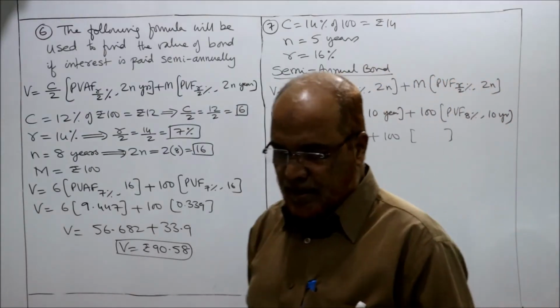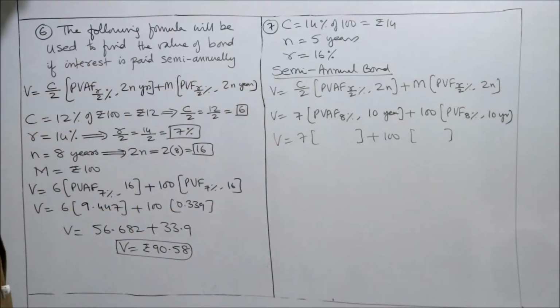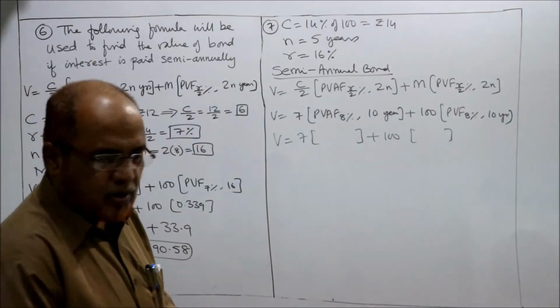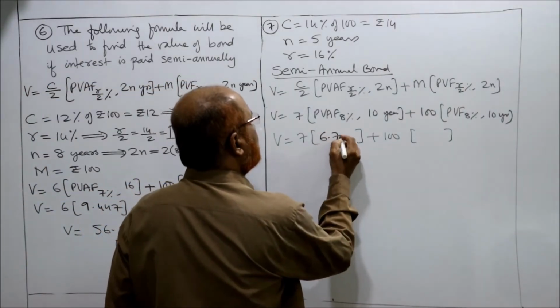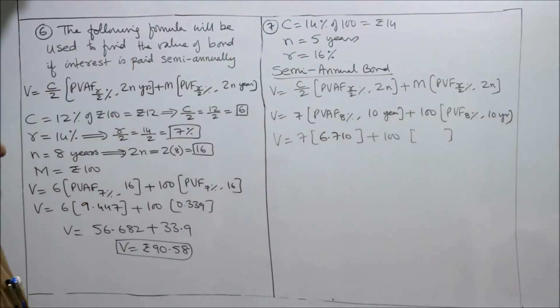Now, refer the table and find out the values. It is problem number 7. So 8% 10 years, annuity value 6.710, and 0.463.